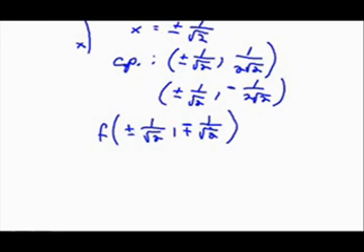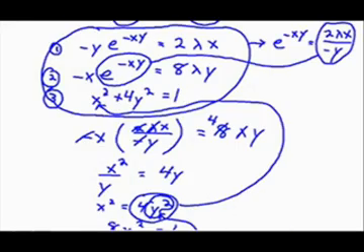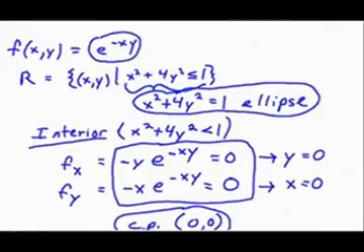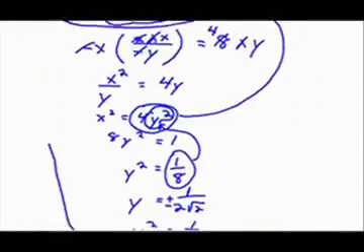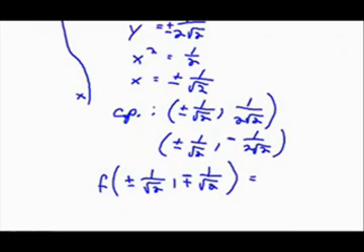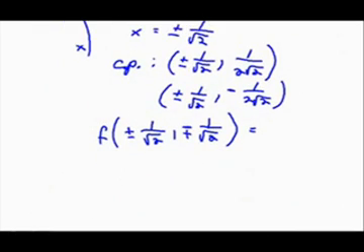So there's 2 points here: plus 1 over root 2, comma, minus 1 over root 2, and minus 1 over root 2, comma, plus 1 over root 2. You plug in either one of those to the original function, e to the negative xy, and you're going to get your max, which will be e to the 1/4.